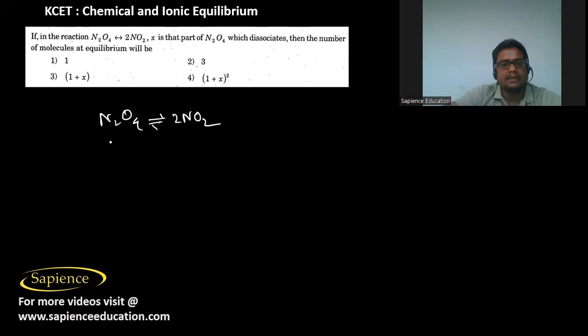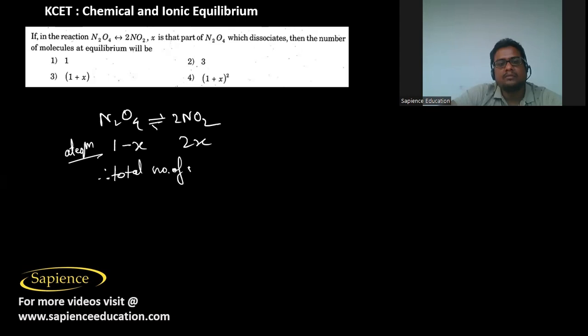So if initially 1 mole of N2O4 was used, then X moles of N2O4 has been dissociated, and 2X moles of NO2 has been formed at equilibrium. So therefore, the total number of moles at equilibrium will be equal to 1 minus X plus 2X, so that is equal to 1 plus X. So option 3 is the correct answer.